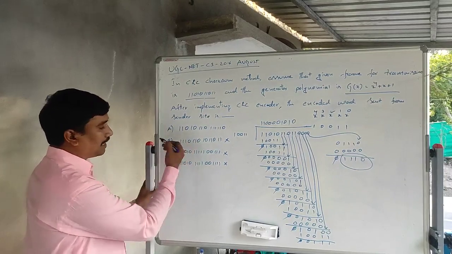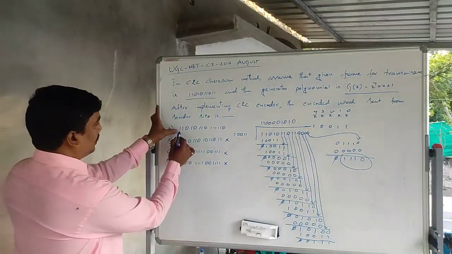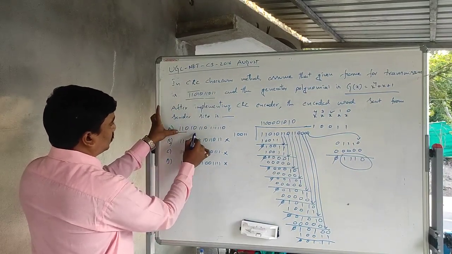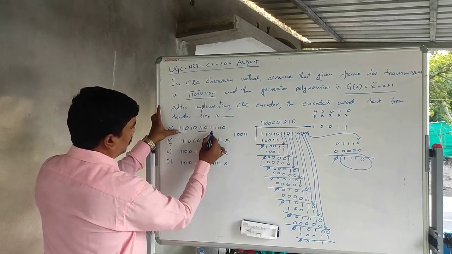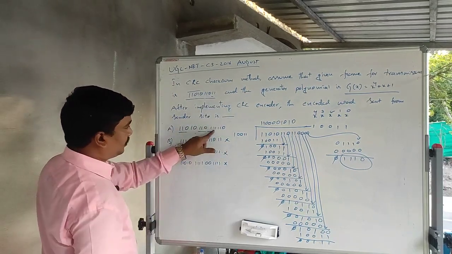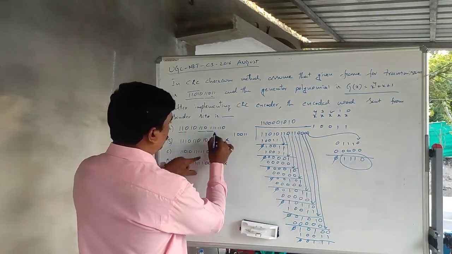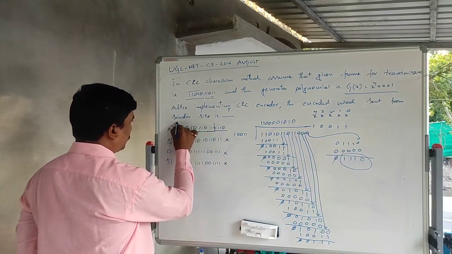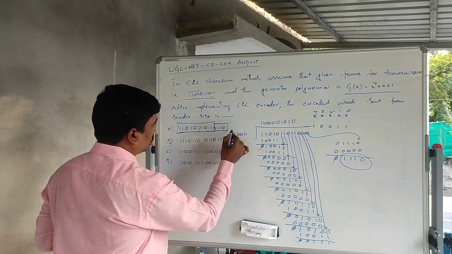But again we will check option A, 110 10 110 110 and 11 up to here. After that 1110. So the remainder is 1110, right? Up to here is the actual data word, and this is the remainder. So this is the right answer.